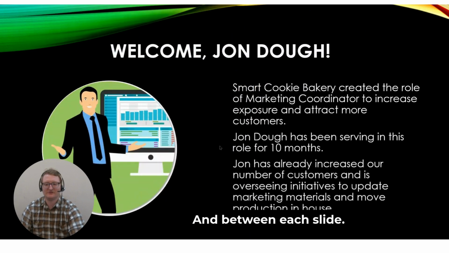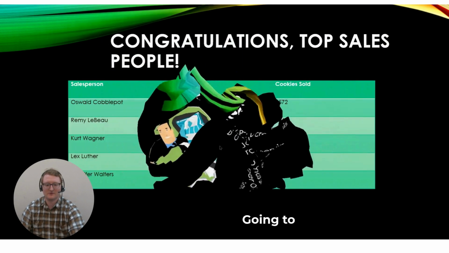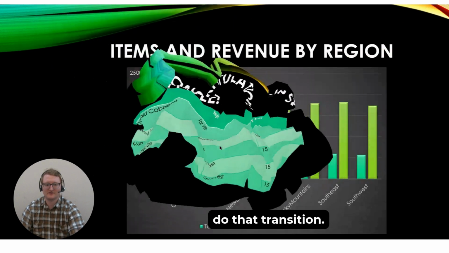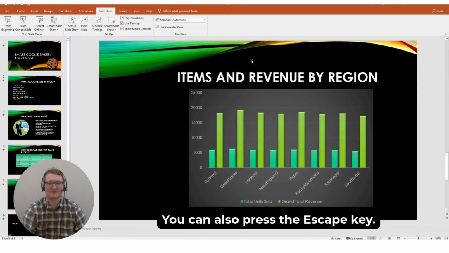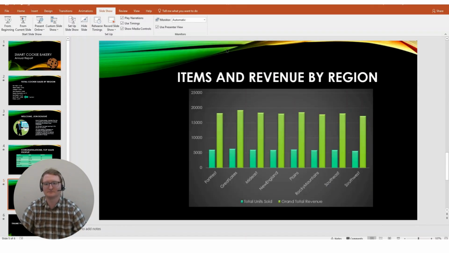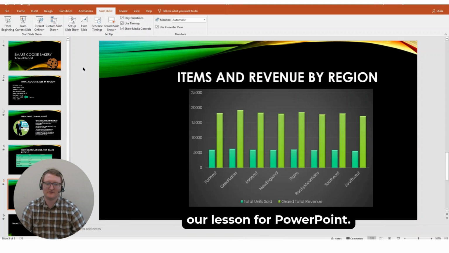And between each slide, it's going to do that transition. And then when I get to the end of my slideshow, it's going to say end of slideshow, click to exit. You can also press the escape key. That has completed our lesson for PowerPoint.